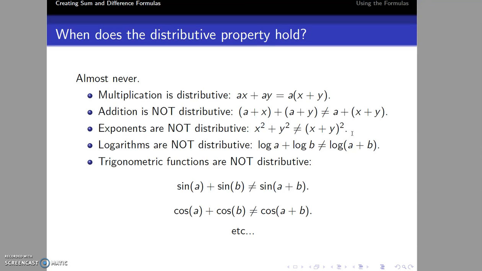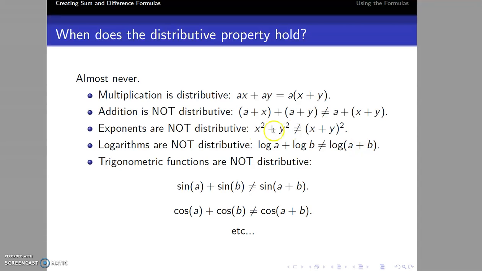We know that multiplication is distributive, right? I've got some number being multiplied onto a sum, that does distribute. So a onto x plus y, that distributes: ax plus ay. But we recognize right away that addition is not distributive. I have something being added onto a sum, that is not the sum of a sum. Exponents are not distributed, right?